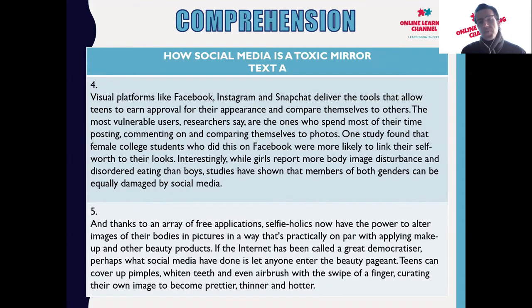So visual platforms like Facebook, Instagram, and Snapchat deliver the tools that allow teens to earn approval for their appearance and compare themselves to others. The most vulnerable users, researchers say, are the ones who spend most of their time posting, commenting on, and comparing themselves to photos. One study found that female college students who did this on Facebook were more likely to link their self-worth to their looks.